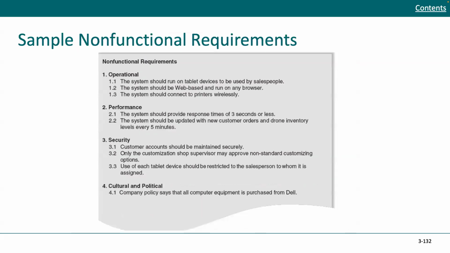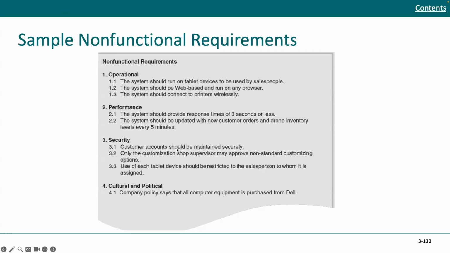And then for non-functional requirements for this type of information system, we have operational, performance, security, and cultural and political. Operational: the system should run on a tablet device to be used by a salesperson. And so what kind of operating system, all kinds of things that you need to think about. Performance: the system shall provide response times of 3 seconds or less.